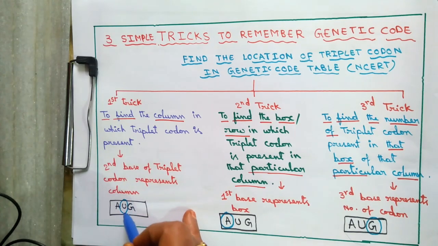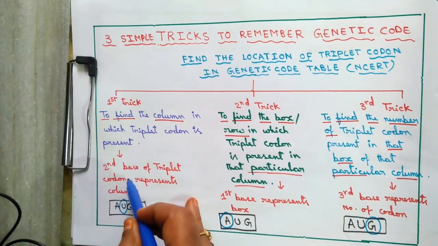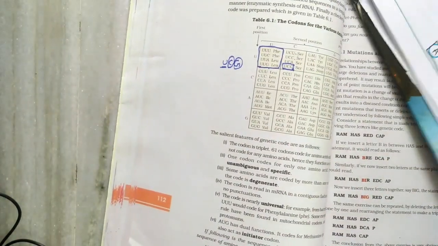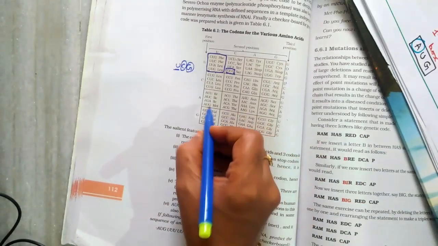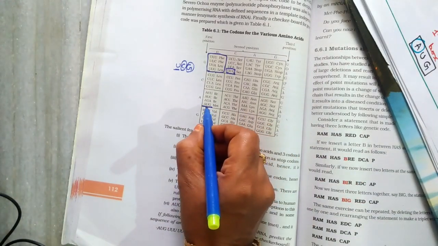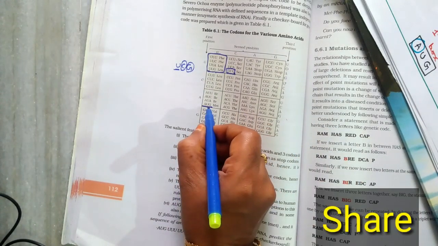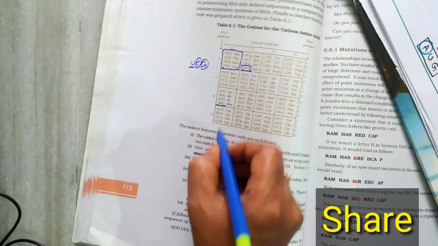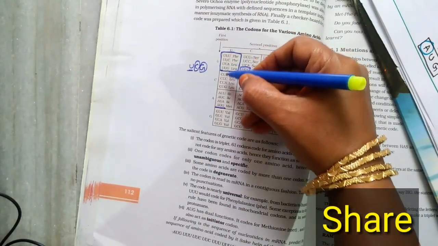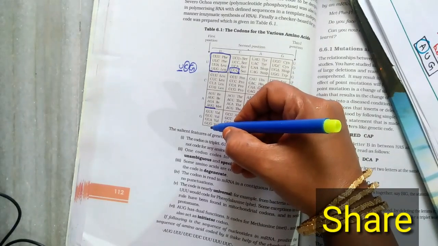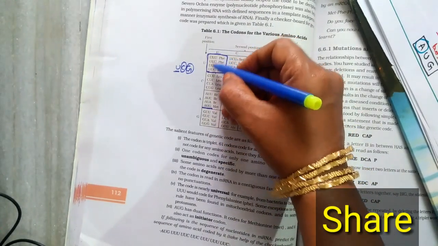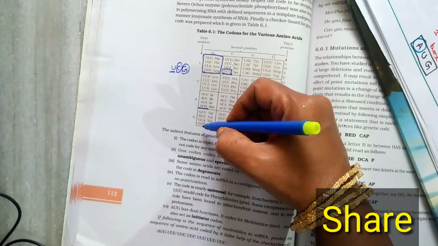Here the second base of this triplet codon represents the column. Let's see AUG here, where it is present. The second base is U. This U represents the column. All the triplet codons of this first column have U as their second base.